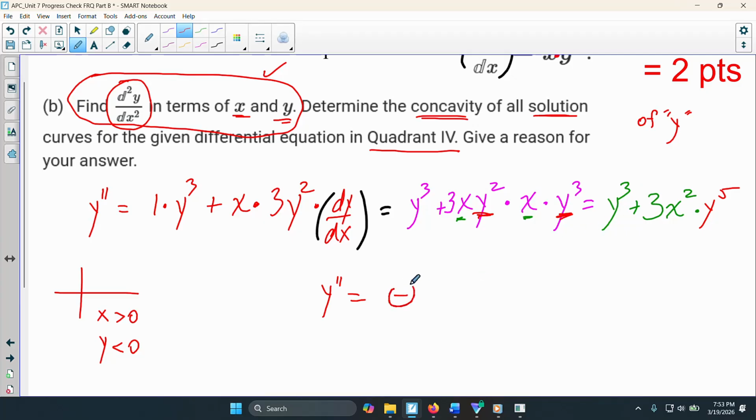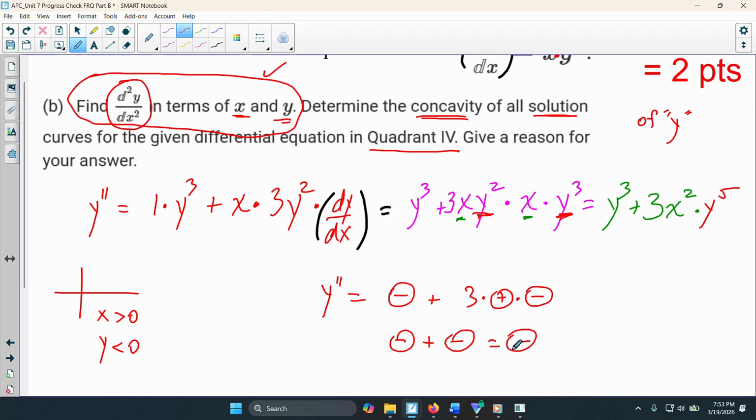This is going to be a negative number, plus 3 times x, which is a positive number, multiplied by a negative number. So we're going to get a negative here, right? So this is a negative number plus a negative number. So clearly, it's a negative number.